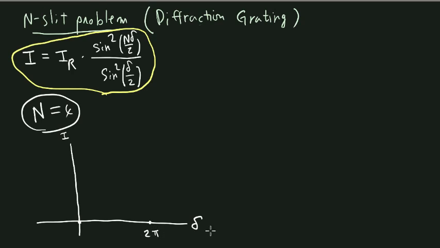Okay, so let's plot the function here, and on the principal maximum you get 16 I_R, and here also 16 I_R.